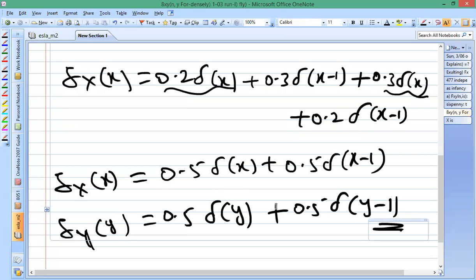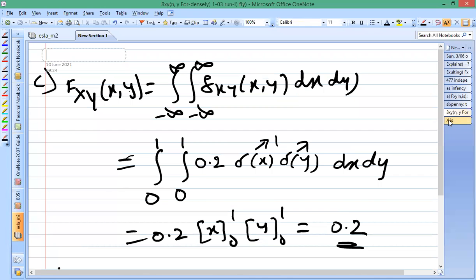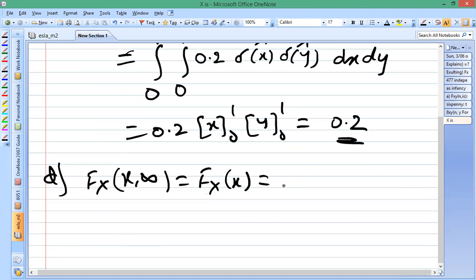That itself gives the CDF Fx of x, that is nothing but 0.5 u of x plus 0.5 u of x minus 1. So this is the answer. For discrete it will be easy.